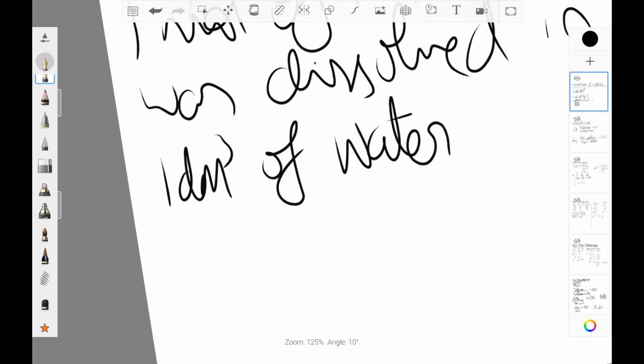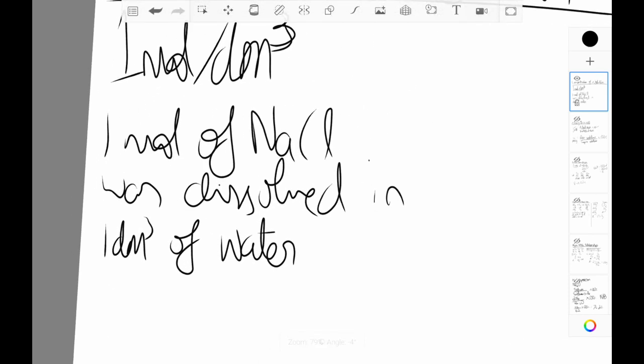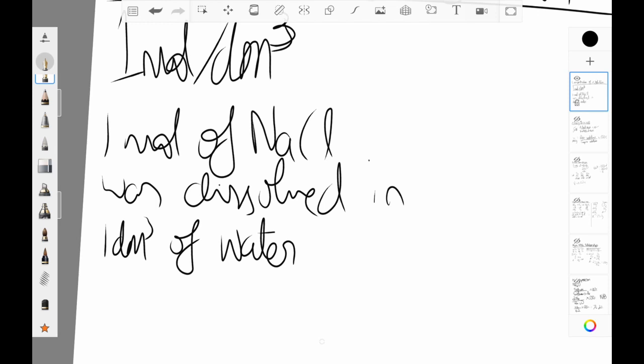An important thing to note here is that I don't necessarily need to use 1 dm cube. If I were to dissolve 1 mole of NaCl in, let's say, 50 centimeter cubes of water, I could still express the concentration as moles per dm cube.